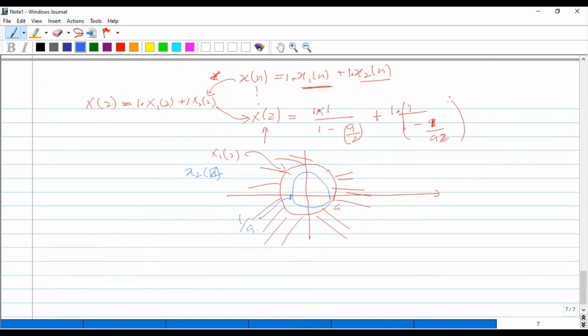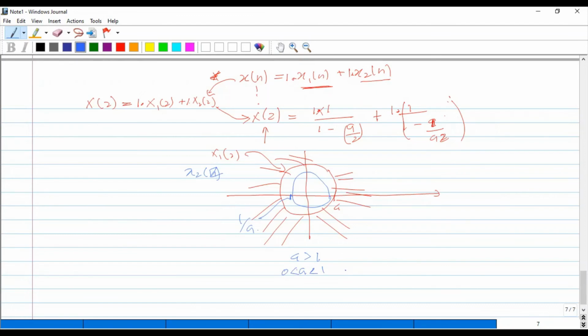But it is 1 by a if a is greater than 1. If a is greater than 1, then 1 by a is inside the circle of a. But what happens if a is a decimal number, that means between 0 and 1?